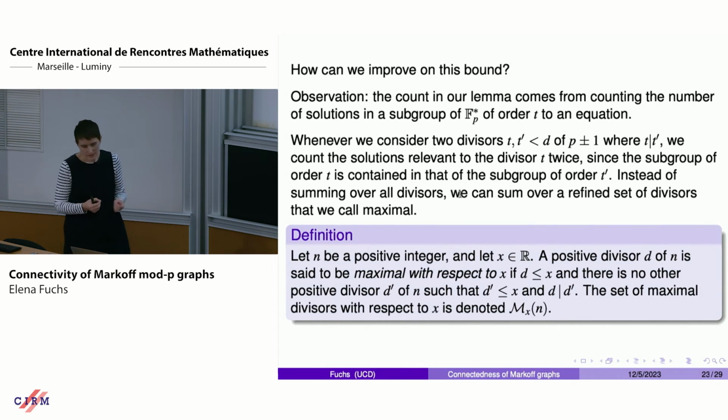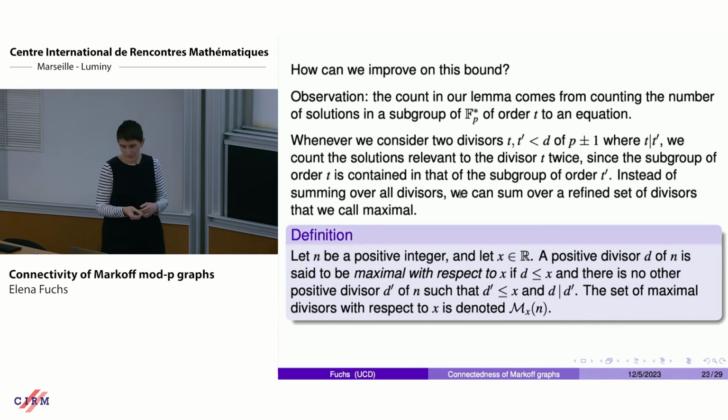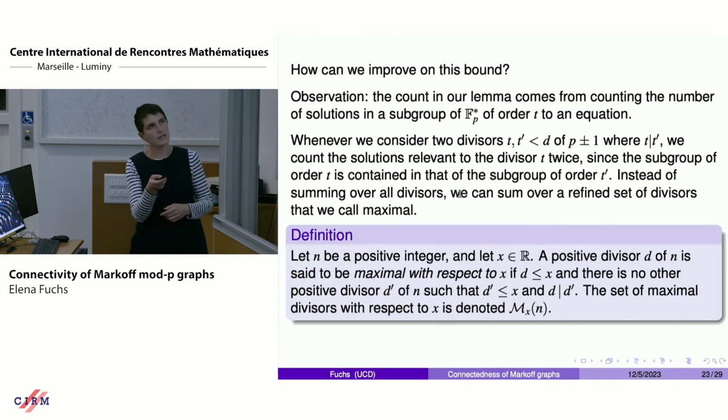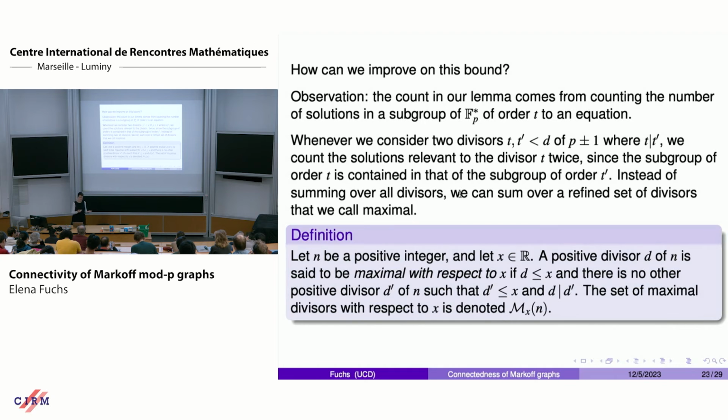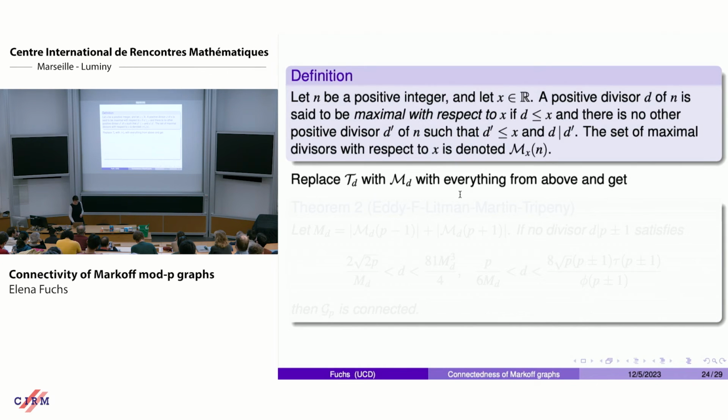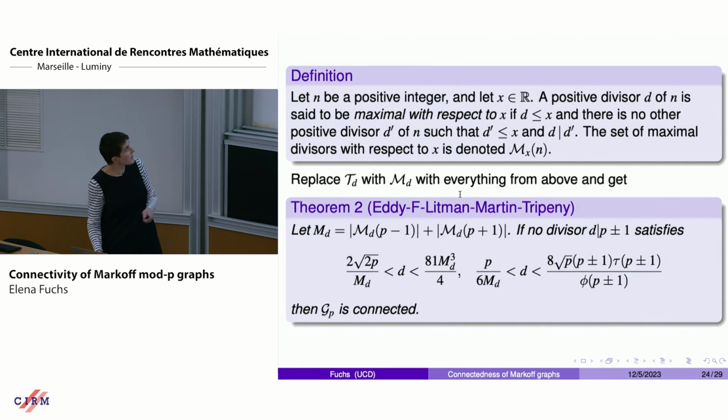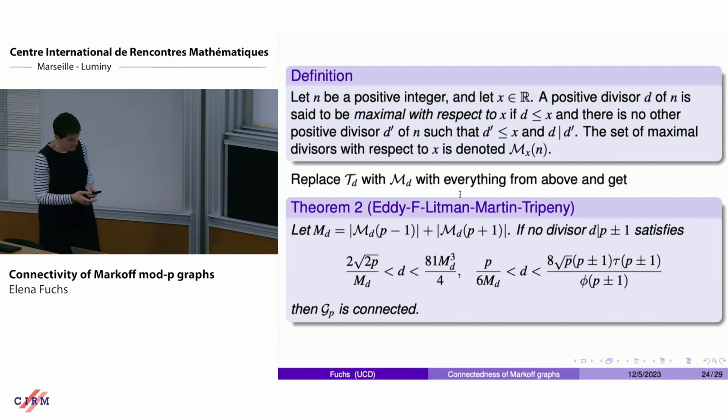But it gets rid of this issue if you consider these maximal divisors, which we're going to call M_x of n, instead of all of the divisors, instead of these sets, tau d, I guess I call them, or T_d. Okay, so if we replace this T_d with the M_d, we get the same exact statement, except everywhere we had T_d, we have now this M_d, which is the number of maximal divisors of p minus 1 and p plus 1 with respect to d.